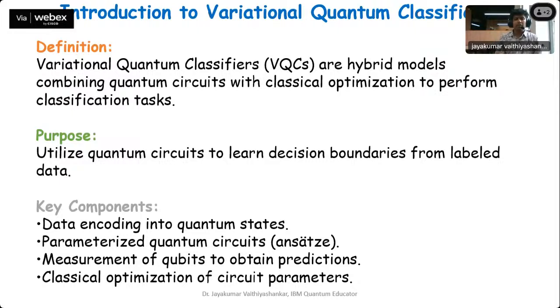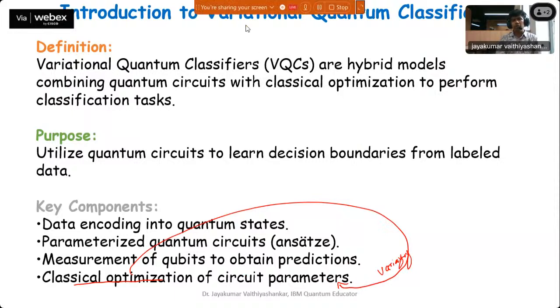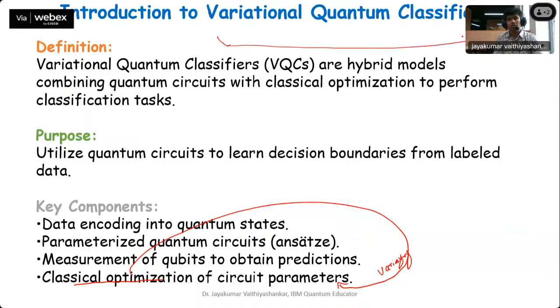Each and every time, we need to use classical optimization to improve the circuit parameters. Each time we are varying the circuit parameters, so that is why it is called variational quantum classifiers.